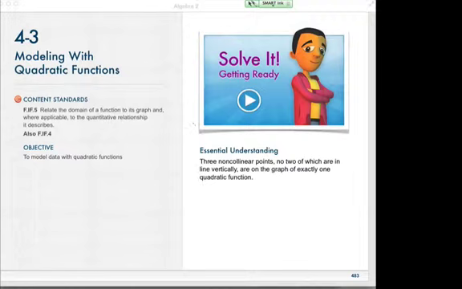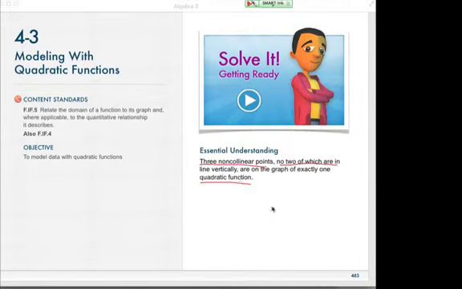So if you take a look here, you can see that our essential understanding is three non-collinear points, no two of which are in line vertically, are on the graph of exactly one quadratic function. That's our essential understanding. Remember, non-collinear means they can't all three of them be on the same line.